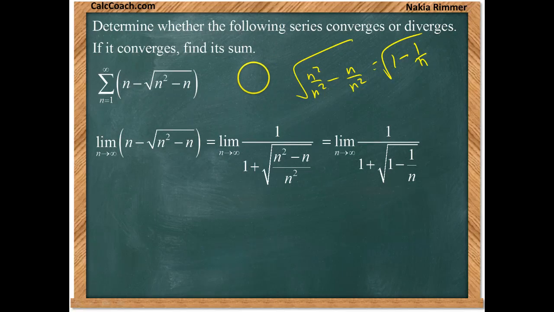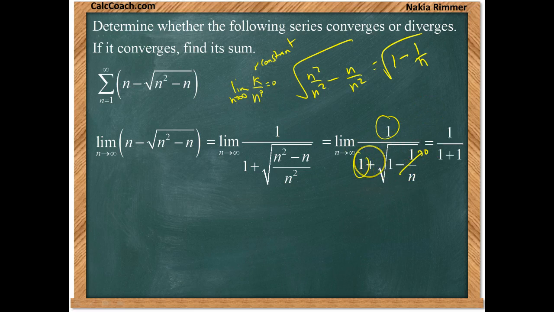Anytime you have a constant k over n to some power p, as n gets big, as long as p is some positive power, that's going to go to 0. And so we have 1 over n, that definitely goes to 0. And we'll be looking at 1 over 1 plus the square root of 1, or 1 over 1 plus 1. So we're done. We found the limit to be a half.